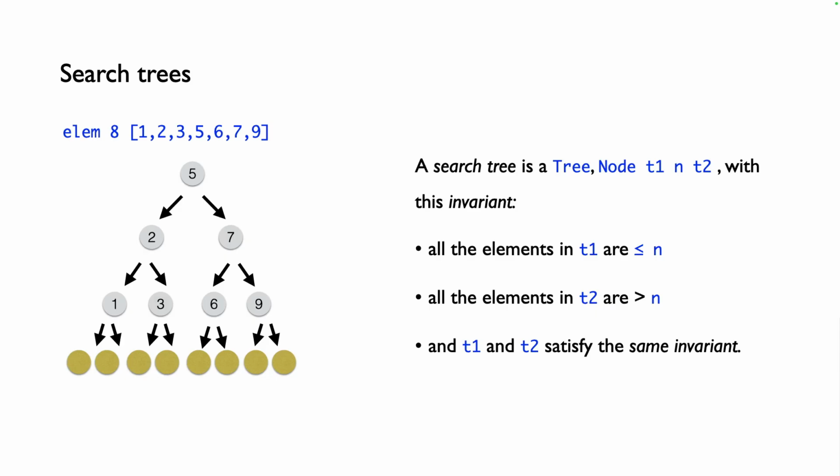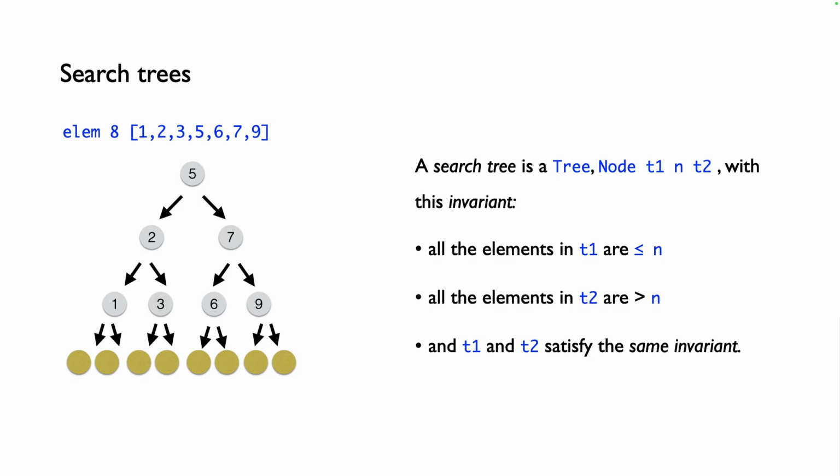By that I mean, at the top node, every element in the left subtree is less than or equal to the element at the top, and every element in the right subtree is greater than the element at the top.